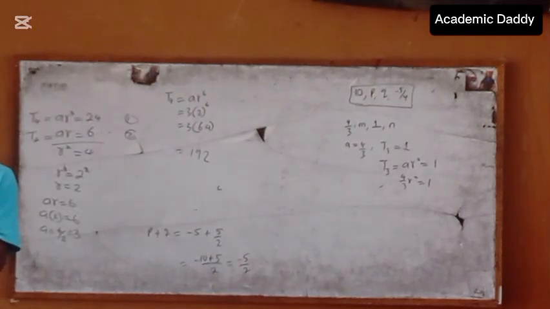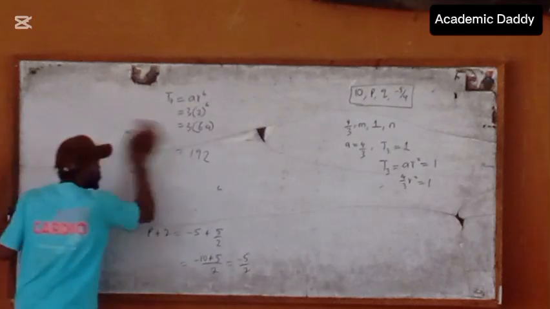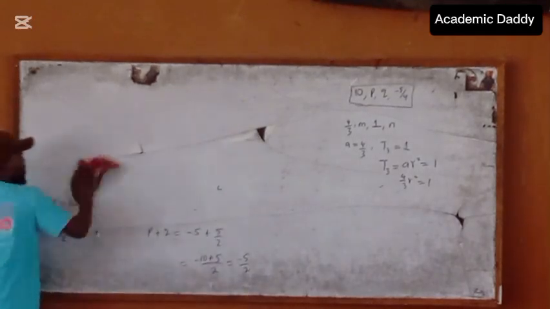Then we're doing dynamics of circular motion. Then the relationship between angular momentum and linear momentum. For today, we're going to be doing the kinematics of circular motion.